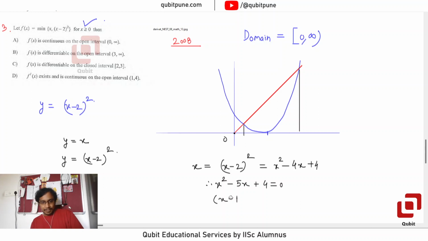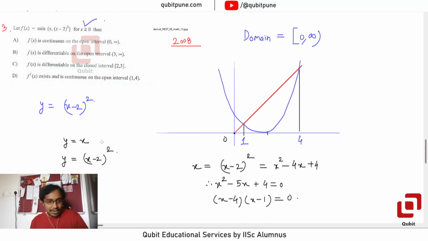So clearly this point is 1 and this point is 4, and we can also come back to the definition and check whether they indeed intersect. For y equal to x, 1 gives 1. Y equal to x minus 2 squared, again 1 is going to give 1. Same thing with 4 and 4 minus 2, 2 squared 4. So that's 1 and that's 4.